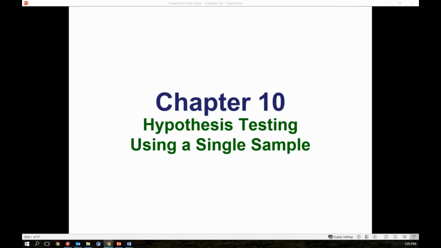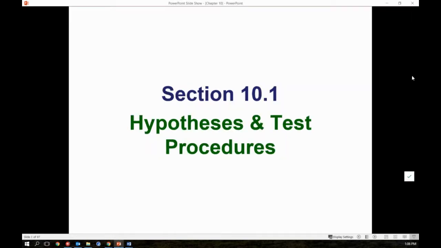Anyways, chapter 10. Hypothesis testing using a single sample. So what hypothesis testing is, it's like it sounds. It's a way to test a set of hypotheses. If you think back to science, you're like, I wonder what happens when I mix these two chemicals together.